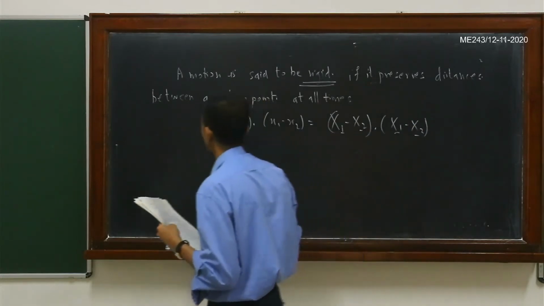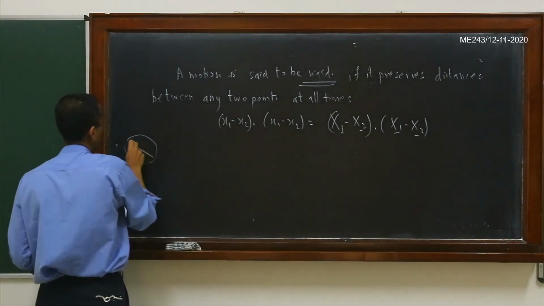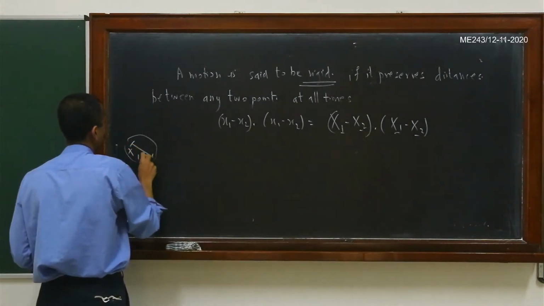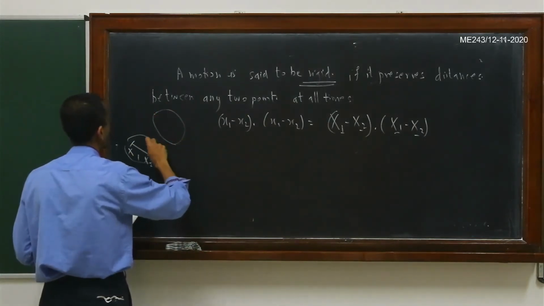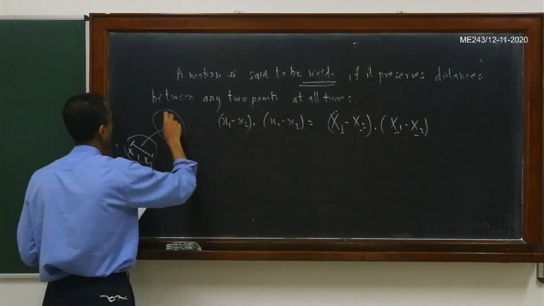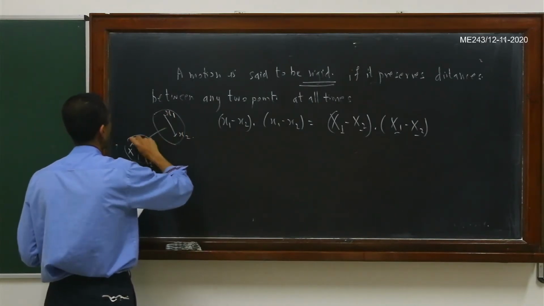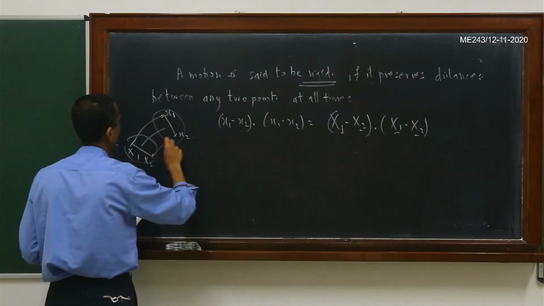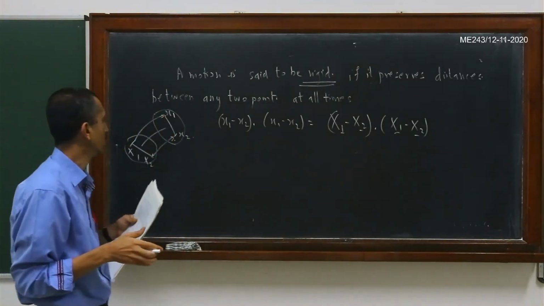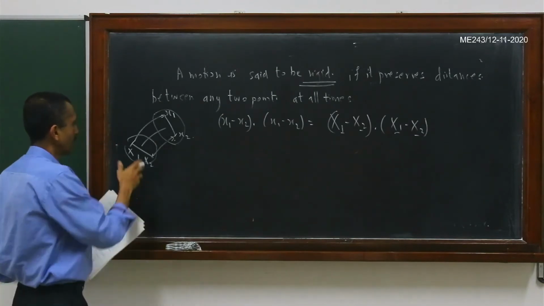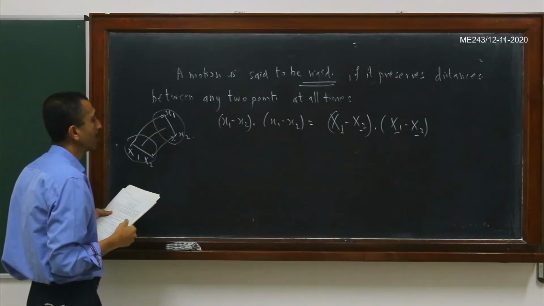Suppose you had x1, x2 in the body, and now this x1 is going to this x1, this x2 is going to this x2, and then the distance between these two points, and here I have just considered these 2 points, but for any 2 points that distance should be preserved.